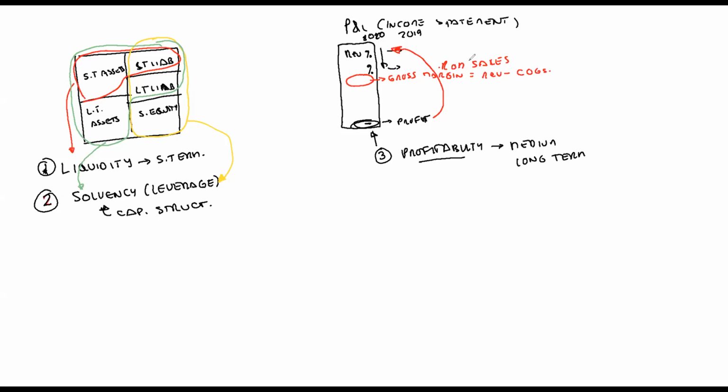And there are two other ratios of profitability, guys, that compare the returns on equity. So this is return on equity, the famous ROE. It's simply how much profit I created with respect to the investment, to equity.